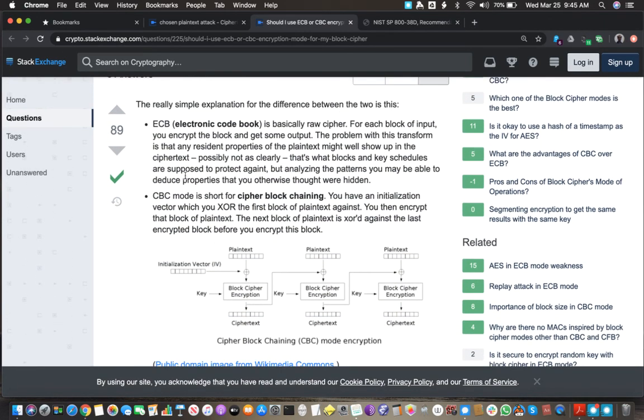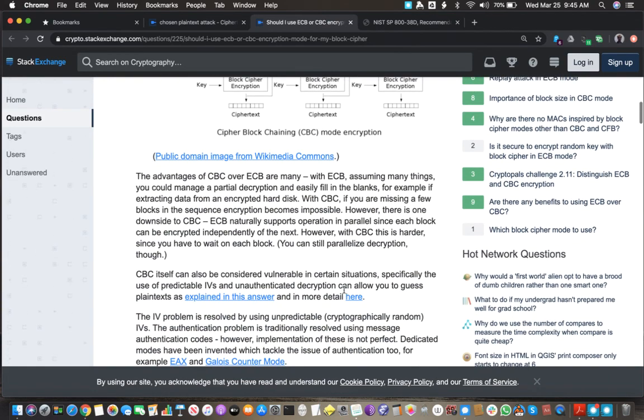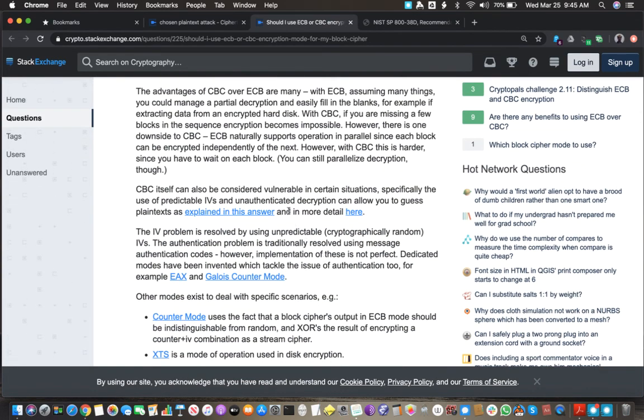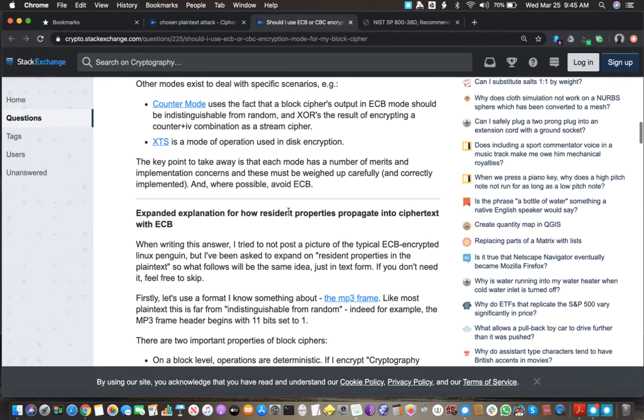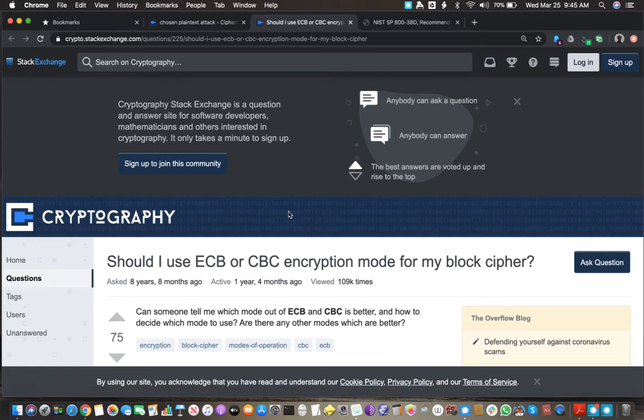So here's someone who really explains the difference by saying exactly how the mode works and different vulnerabilities, and talks about effectively the kind of definitions we talk about. So good information from a practical perspective on the differences between the modes.